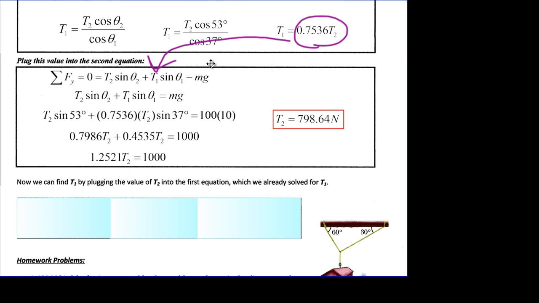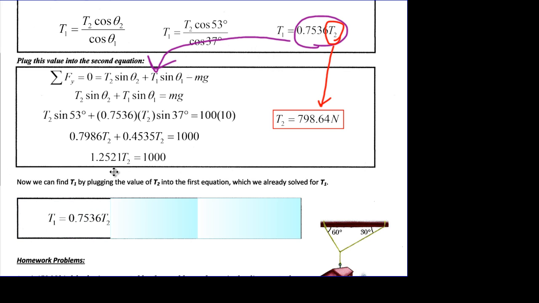Well, remember, we've got this equation up here. If we now know that T2 is that, all you have to do is put it in.